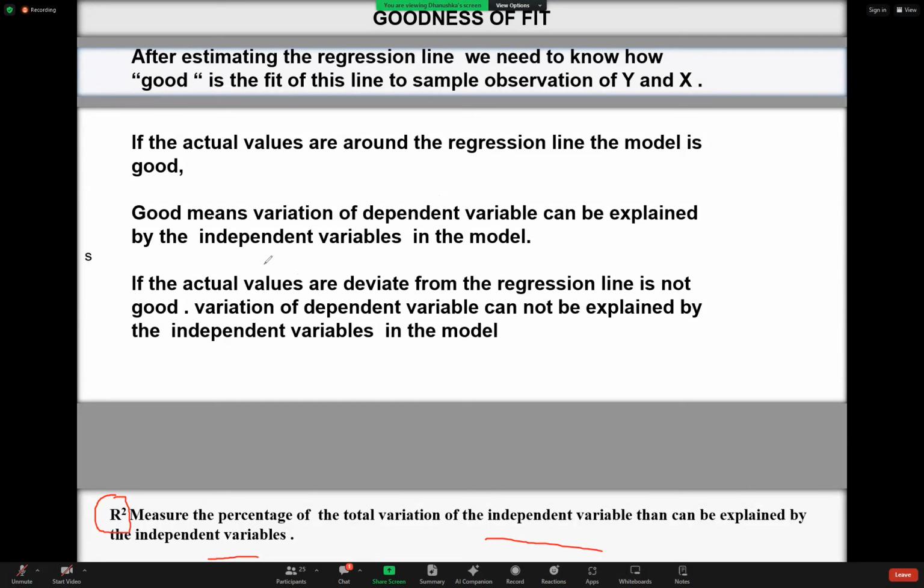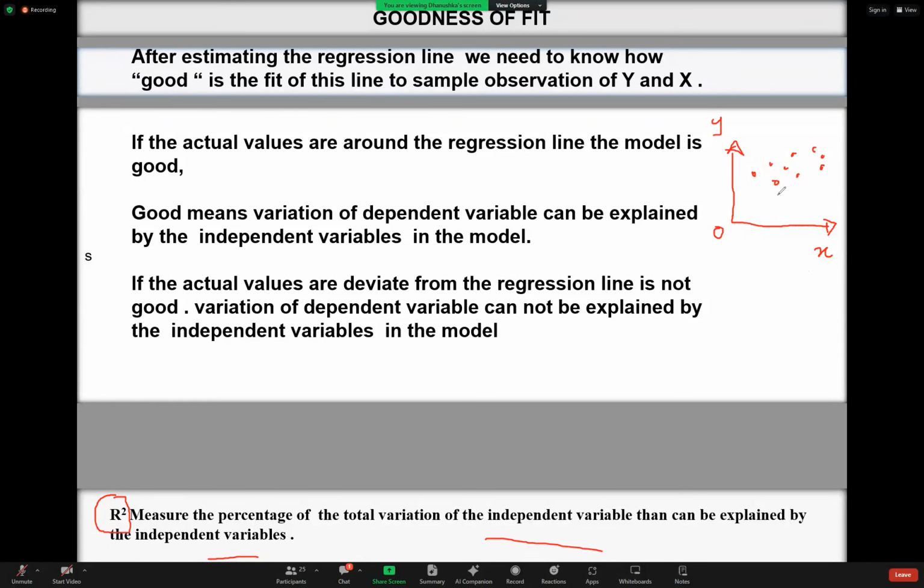And then let's see what the goodness of fit is. Now you may have an idea about the simple regression model. Let's say this is X, this is Y, and these are the actual observations.